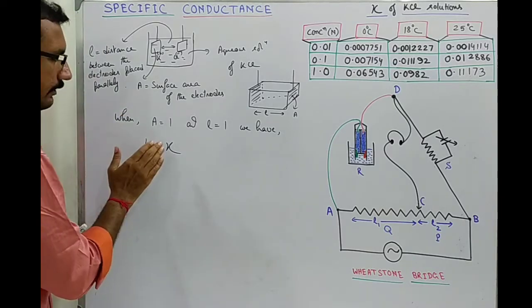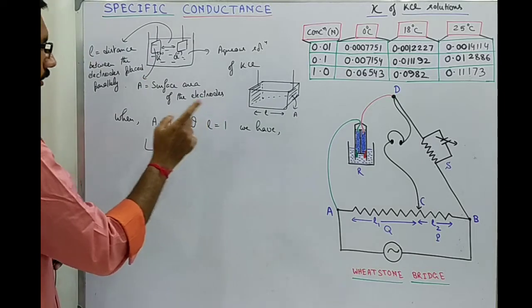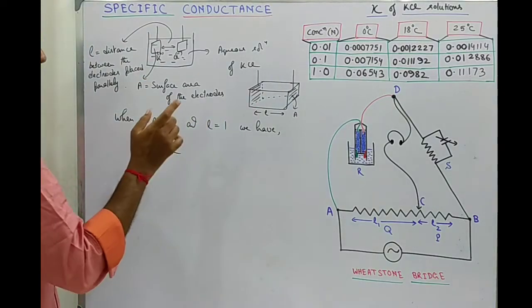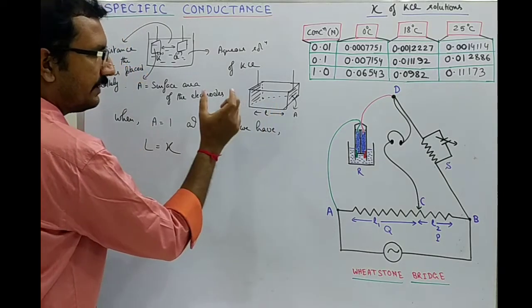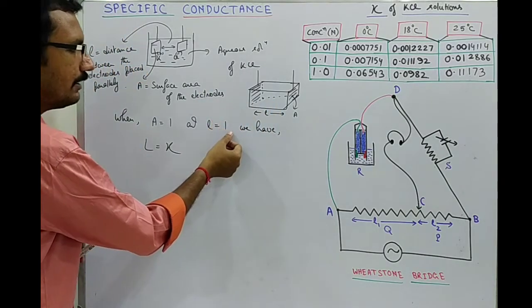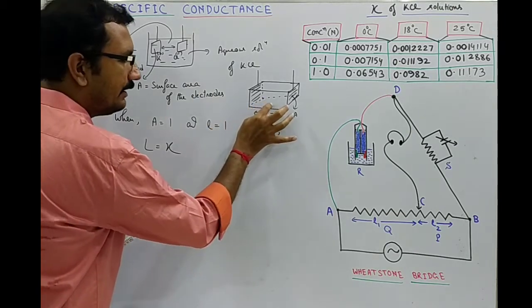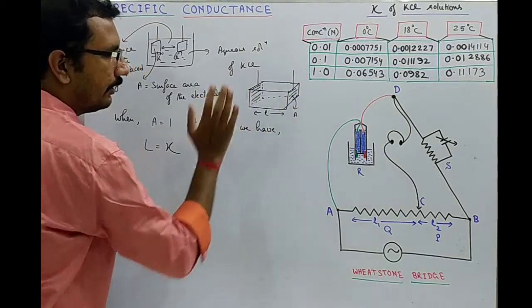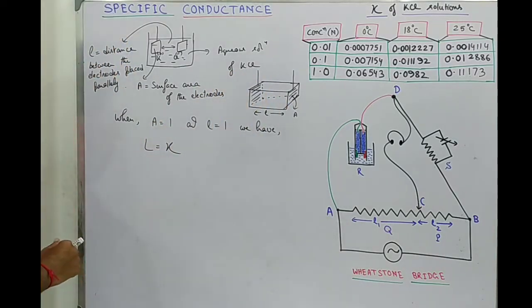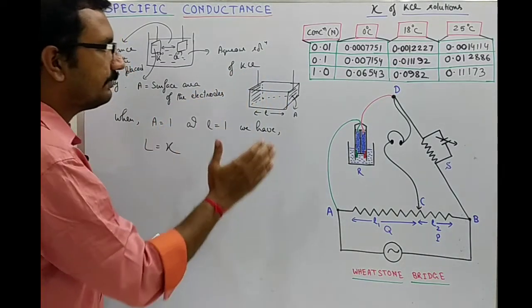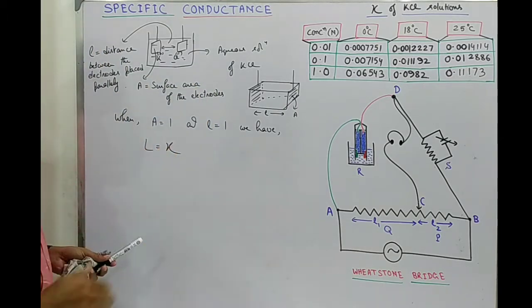When the surface area of each electrode is 1 square centimeter and the distance between the two electrodes placed parallelly is 1 centimeter, so that we have a unit cc volume of solution between the two electrodes, then the conductance of that solution is referred to as the specific conductance of that solution.